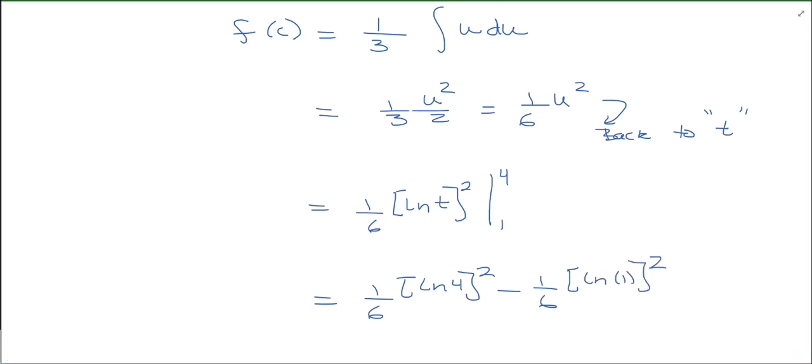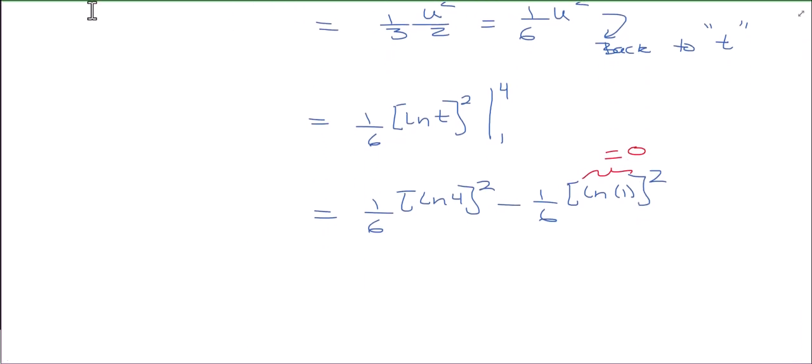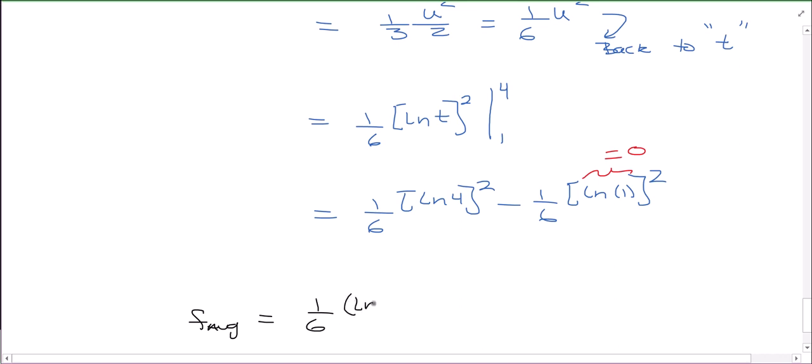But hopefully by now we know natural log of 1 is what? That's just 0. So that whole thing goes away. So we're just left with our final answer then for the average value of the function is 1/6 times the natural log of 4, squared.